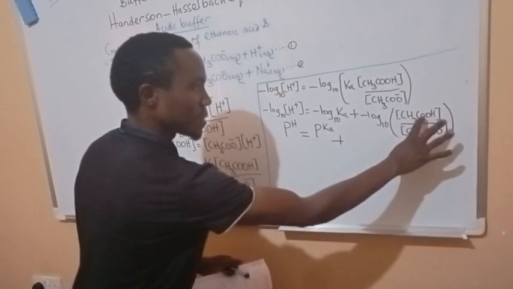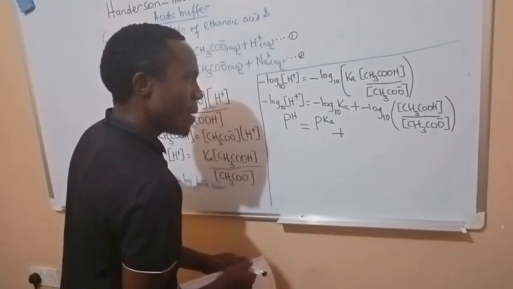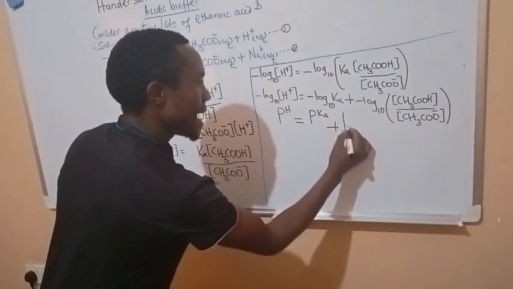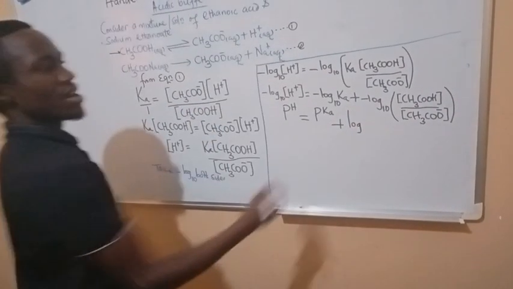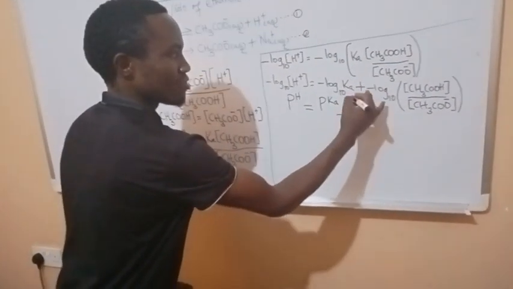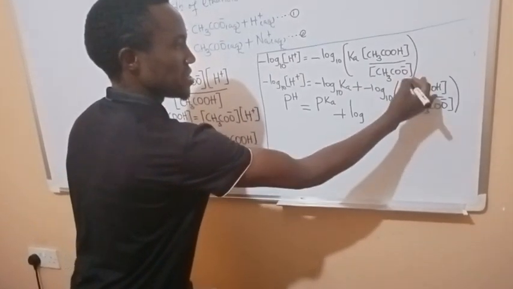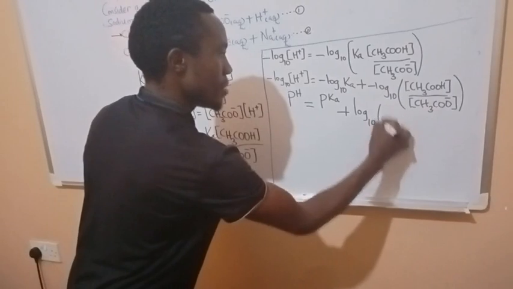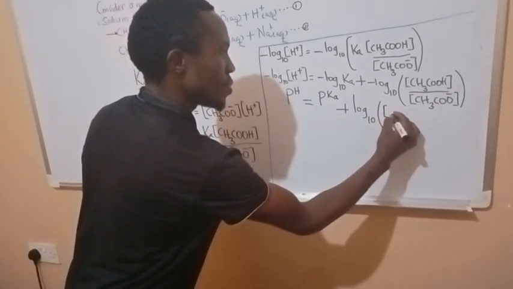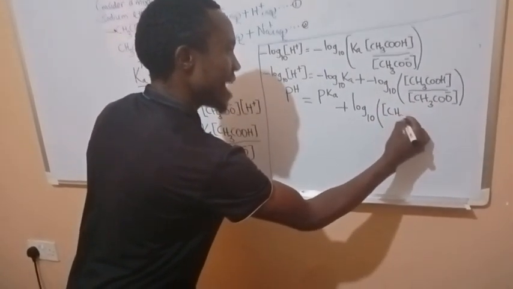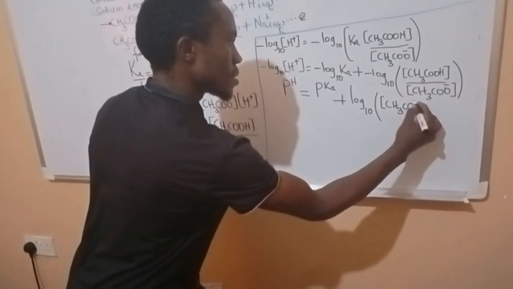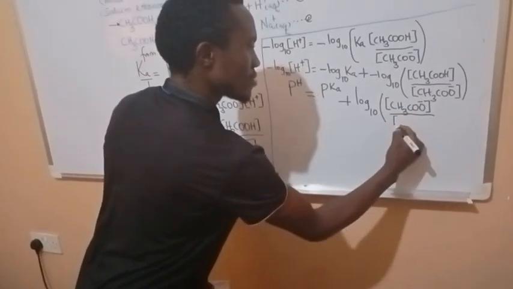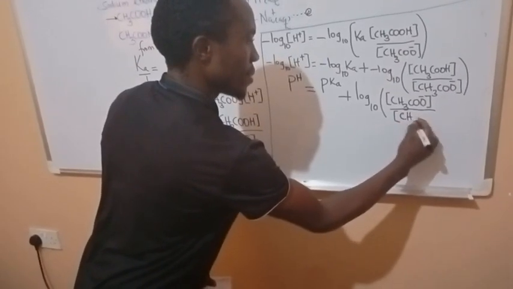This is a ratio of concentration, and this is a negative. The moment we want to eliminate this negative and make it positive, we say plus logarithm, and the positions also change. Therefore we shall have logarithm to base 10 of the concentration of ethanoate ions out of the concentration of ethanoic acid.